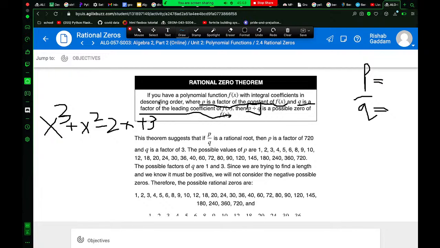So it's saying if you have a polynomial function f of x, where p is a factor of the constant of f of x, and q is a factor of the leading coefficient of f of x.